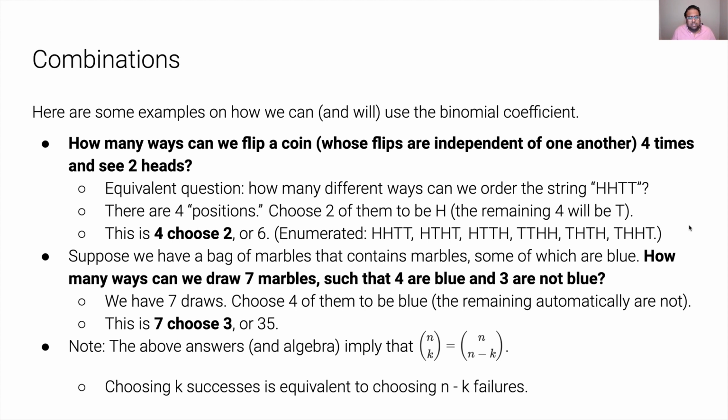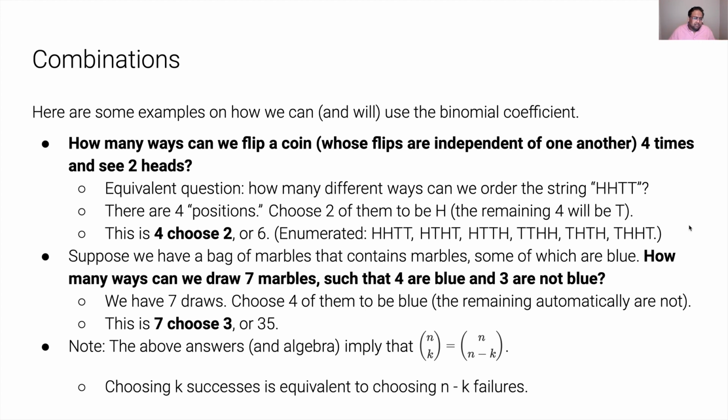And so we can use 7 choose 3 or 7 choose 4, they happen to be the same thing, to determine the number of ways we can do this. And you can interpret 7 choose 3 as being, I have 7 positions, how many ways can I fill 3 of them with marbles that are not blue? 7 choose 4 is, I have 7 positions, how many ways can I fill 4 of them with marbles that are blue?